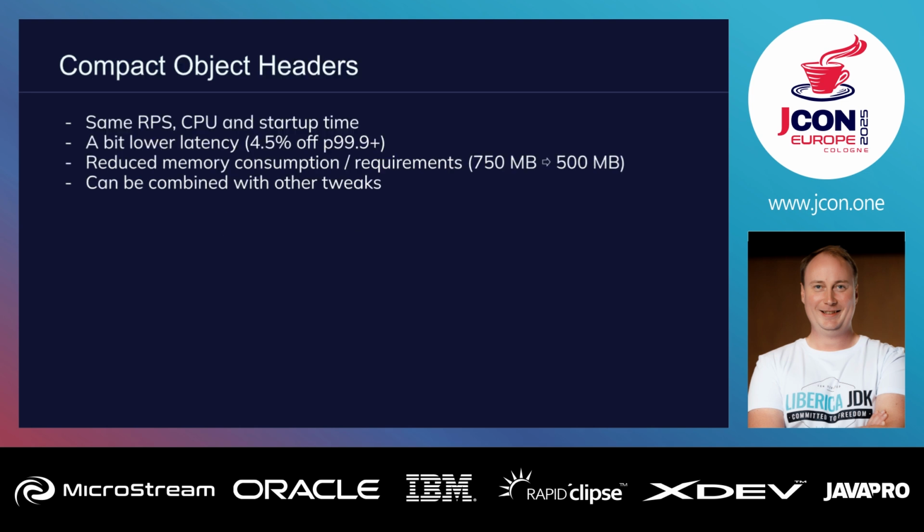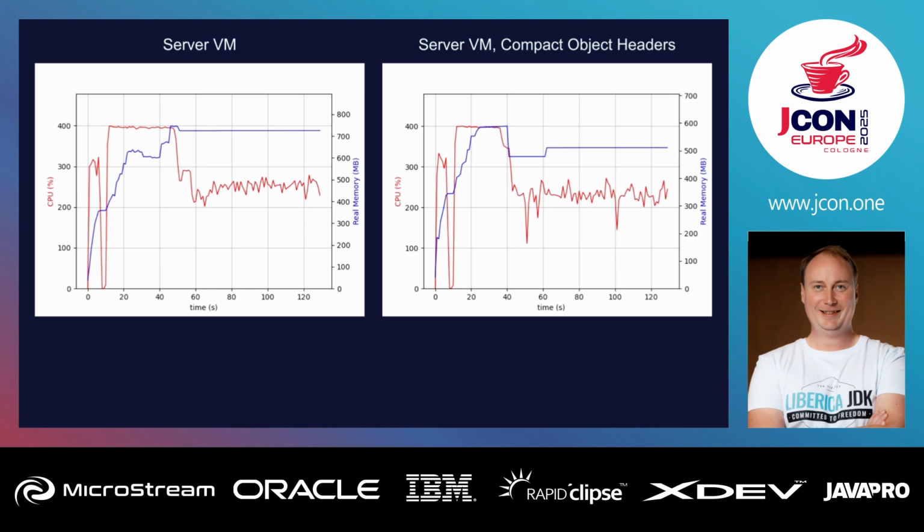So we can see great results, right? We're not changing the compiler. We don't hurt the peak performance, but we have a smaller heap consumption. We see the same application. We just turn it on, comparing Java 21 and 24, and the picture on the left is about the same. And we save hundreds of megabytes of memory.